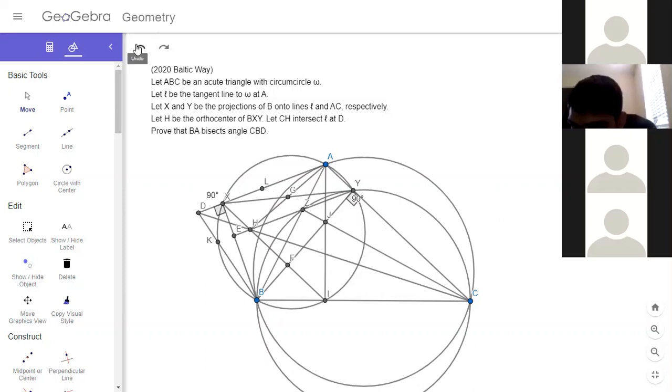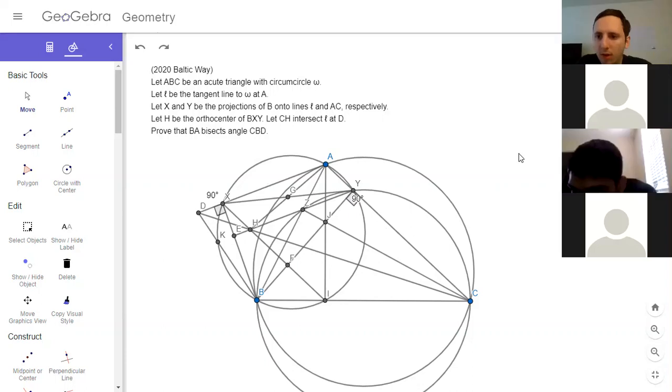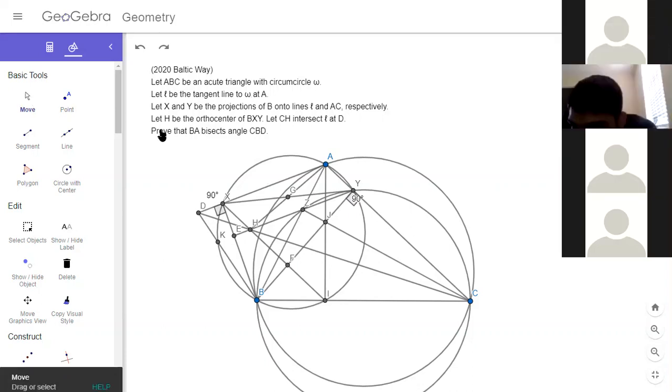What if we let that point D disappear for a moment and define D as the intersection of CH and AX and BK?